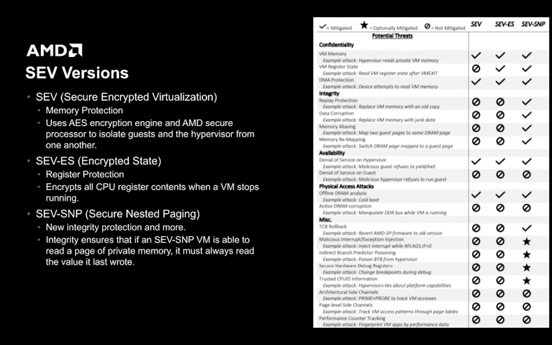A database is a little bit challenging, especially if it's memory intensive, because you're basically encrypting and decrypting, so you're going to get some of that hit. But for most general workloads, it's about 3%. So it's not that bad.